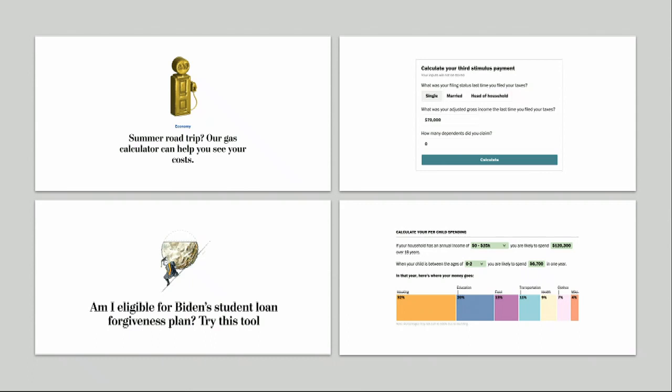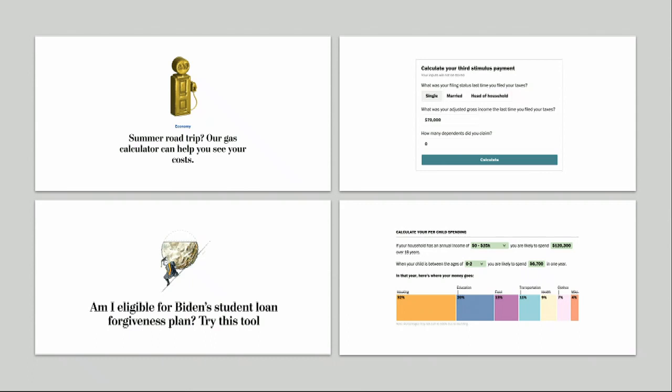For instance, we have one that we did recently for when gas was really high, about summer road trips, where you could select an origin, a destination, the type of car that you had, and the year of the car, and it would tell you more or less how much more you were paying for gas than you would have 2 years before the pandemic.